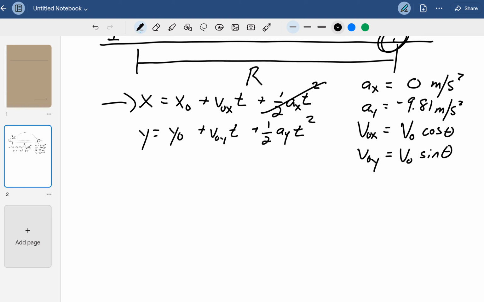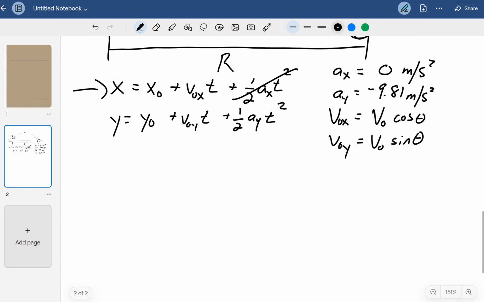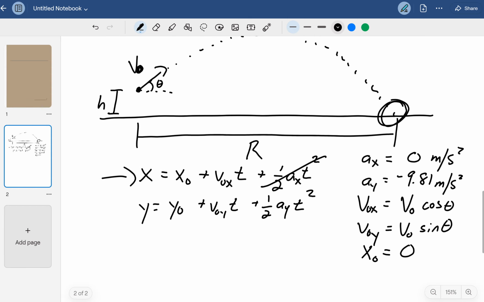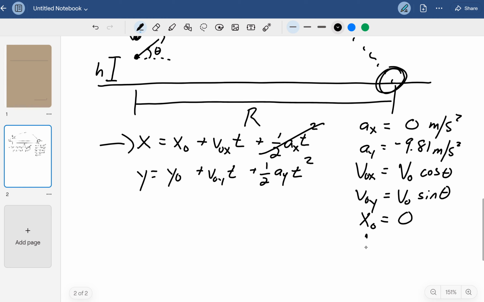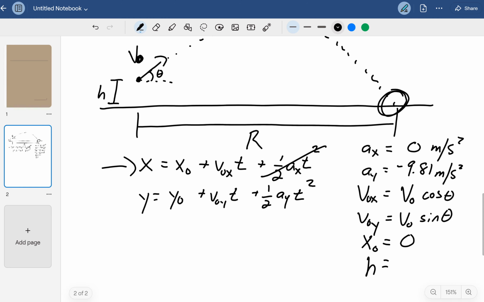Looking at my x position, I'll make a couple of simplifying assumptions, like my x0 is 0, so wherever I'm launching from is my initial x position. And I'm going to say that I can measure that quantity h. In this experimental setup, we know everything except the time and the range.